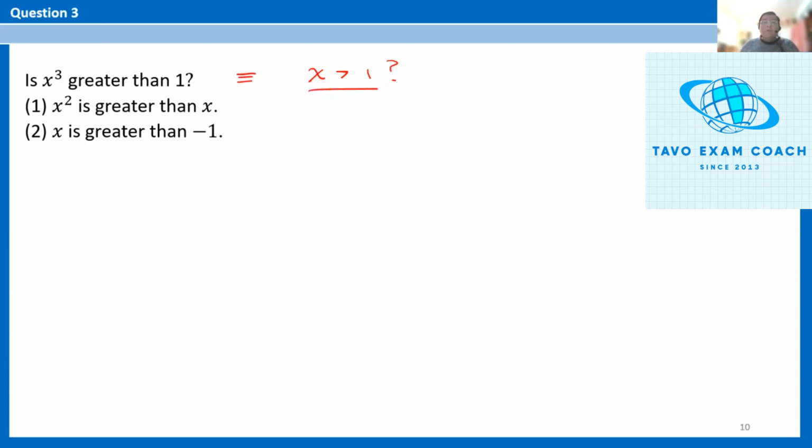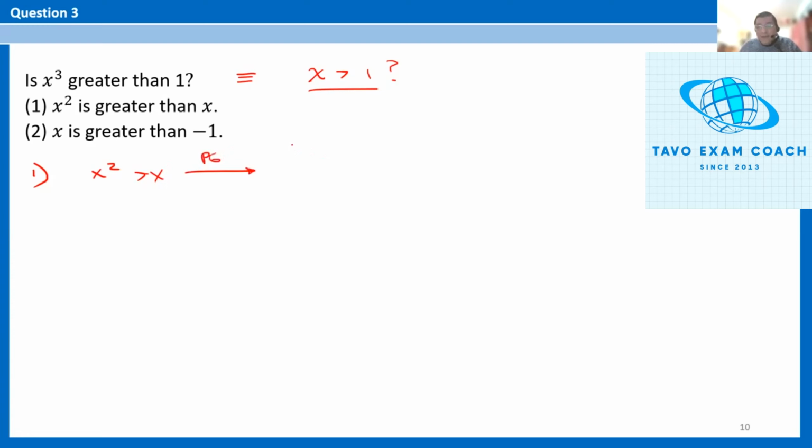Let's go for statement 1. Statement 1 is a statement that can be formulated as an inequality: x squared is greater than x. Can we analyze this as a quadratic inequality, perhaps using property number 6?